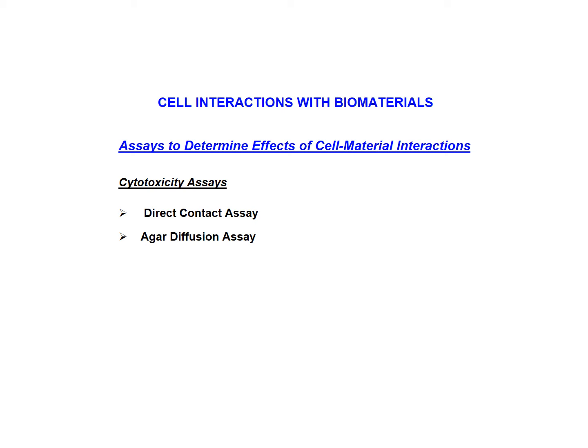Another assay is to use the agar diffusion assay.